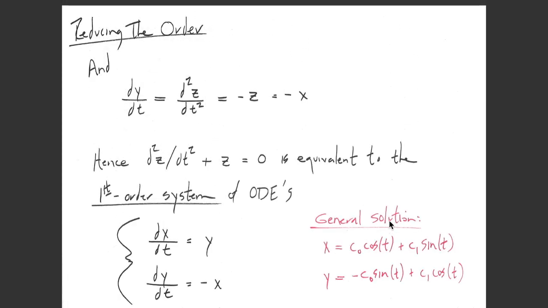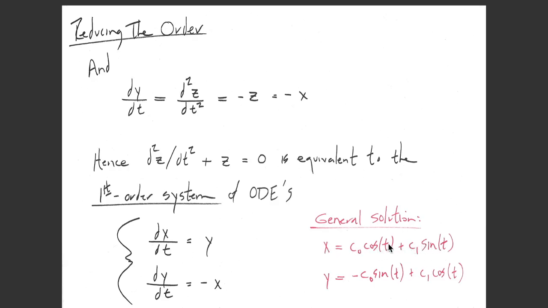Oh, and I just wanted to point out, before we went on to the next example, that this first order system that's equivalent to our original second order equation has a general solution for both x and y, right? x, it turns out, is c0 cosine of t plus c1 sine of t.